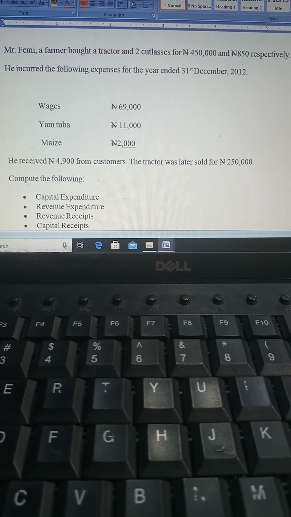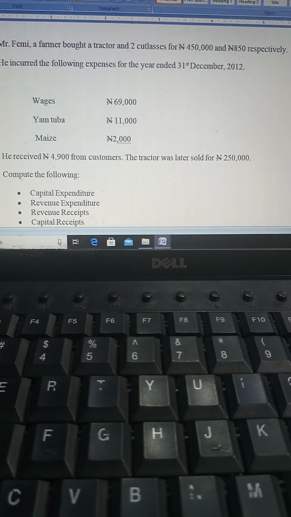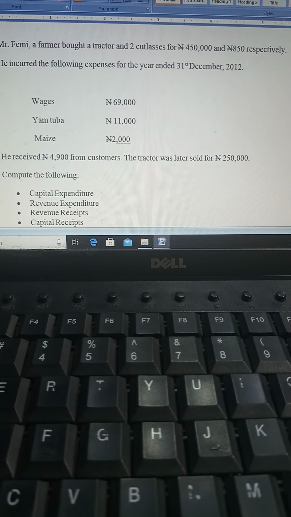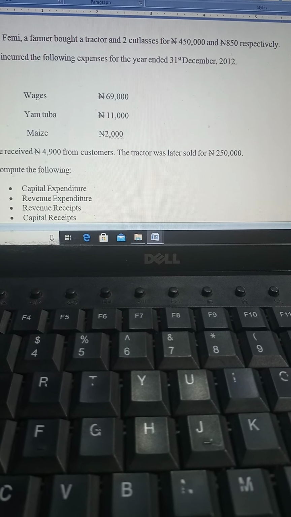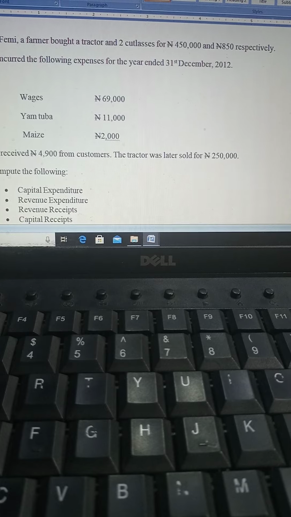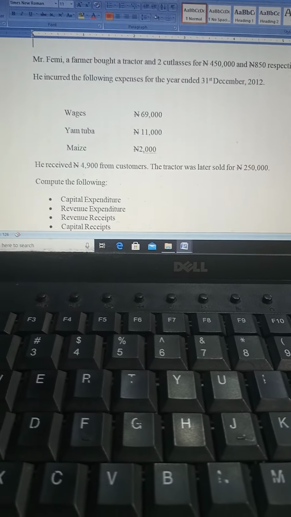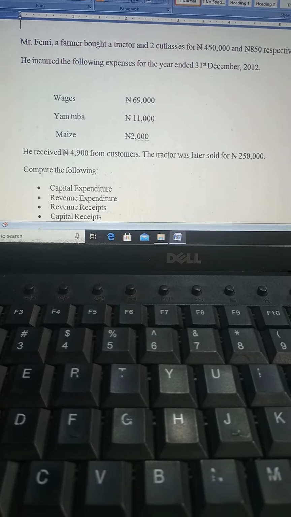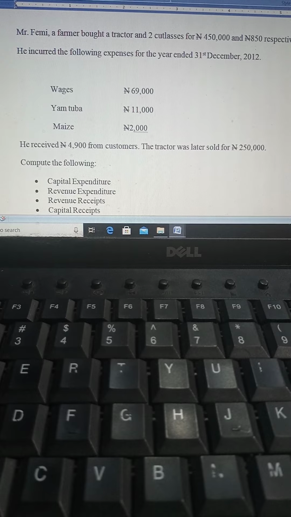So the question is, Mr. Femi, a farmer, bought a tractor and two cutlasses for 450,000 naira and 850 naira respectively. He incurred the following expenses for the year ended 31st December 2012.